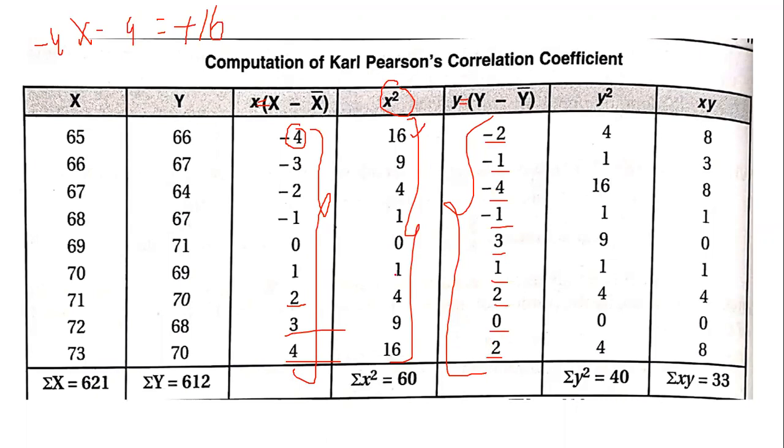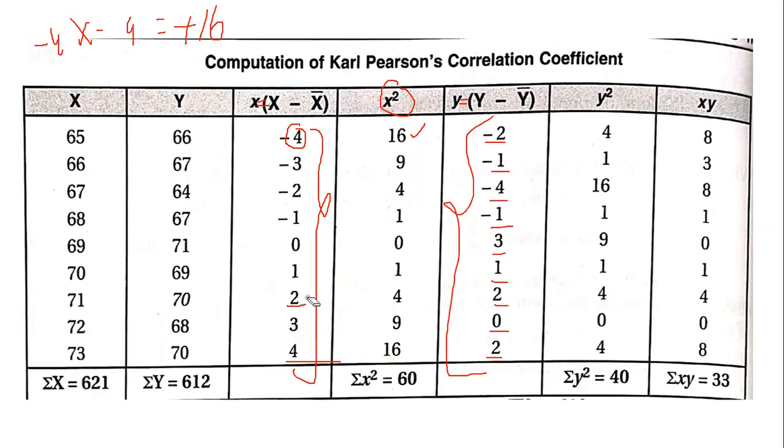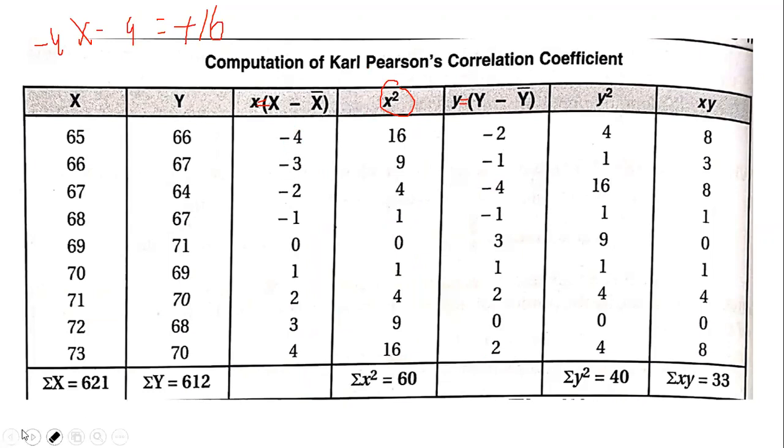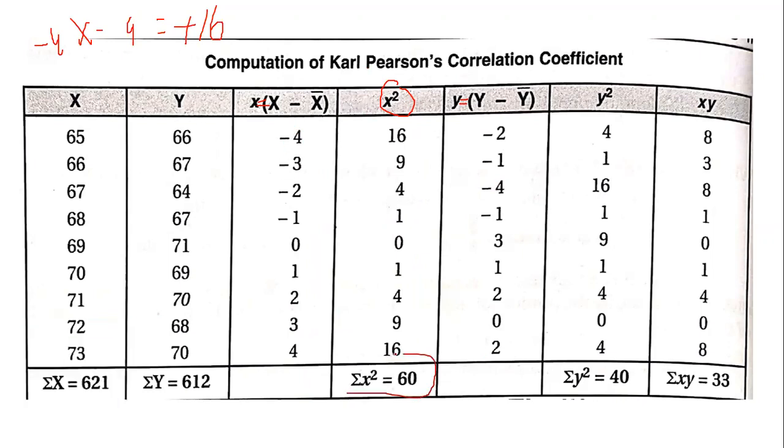Now the important totals will start from here. That is, add all the squares that you have calculated. And once you add all the squares, it is going to become sigma x square. That is nothing but 60.